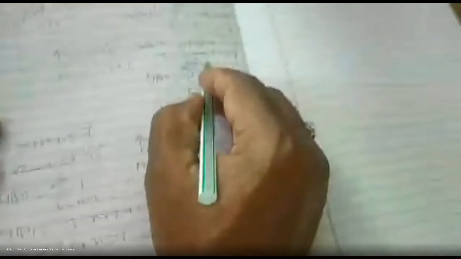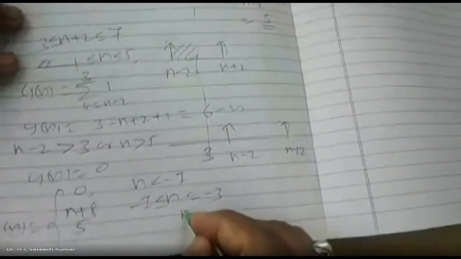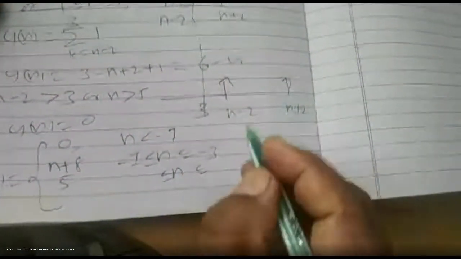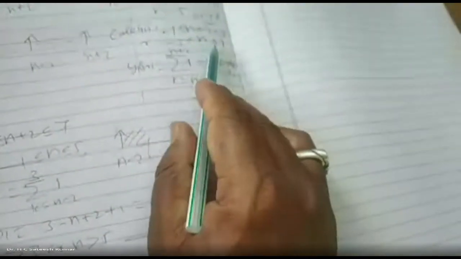And third case is what? Third case answer is 5 for n lies between minus 3 to 1.